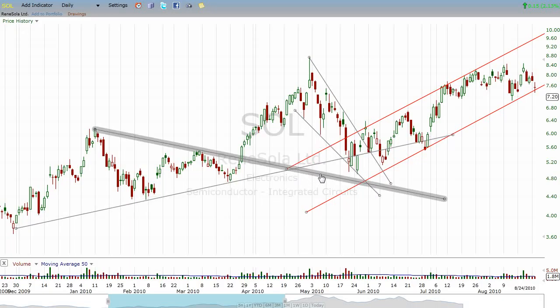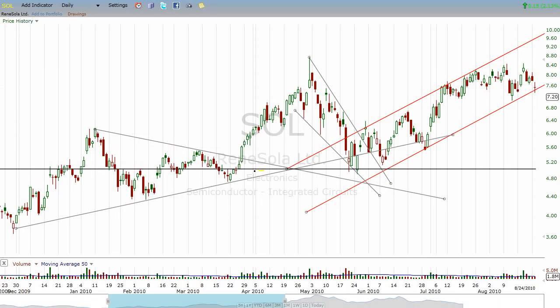So I watched it and saw it get up here to over $6, and then it pulled back and came up here and worked its way sideways. Well, by now I was thinking, all right, let's see what we get in the way of a channel.